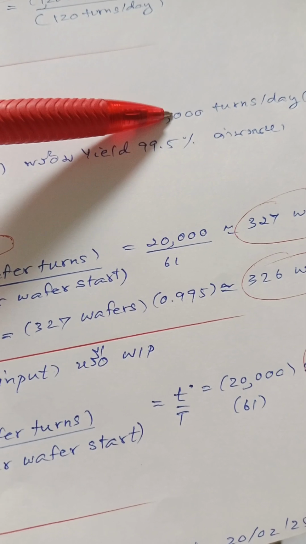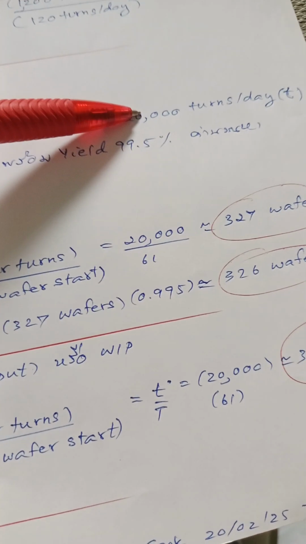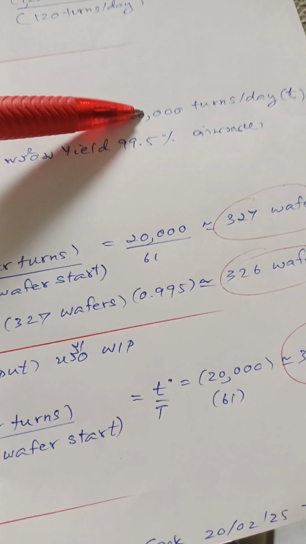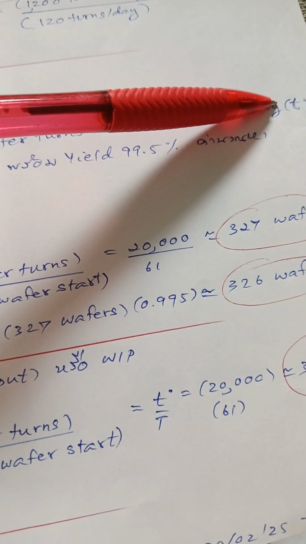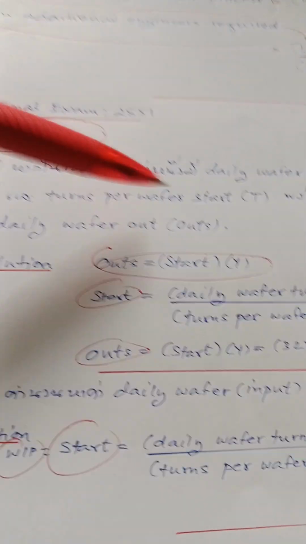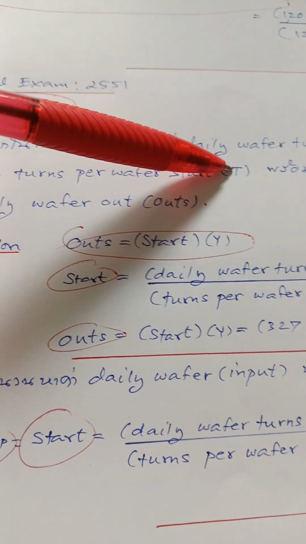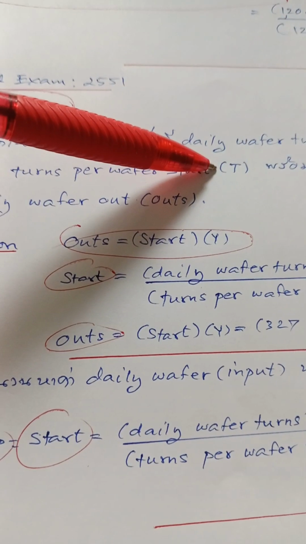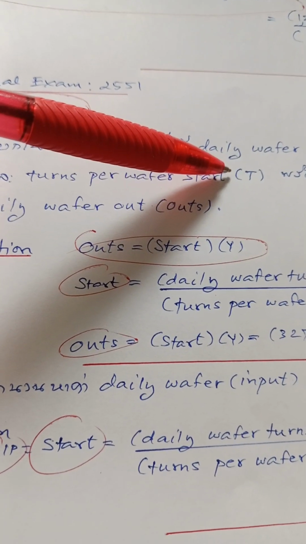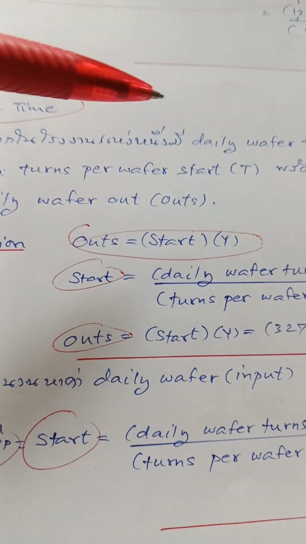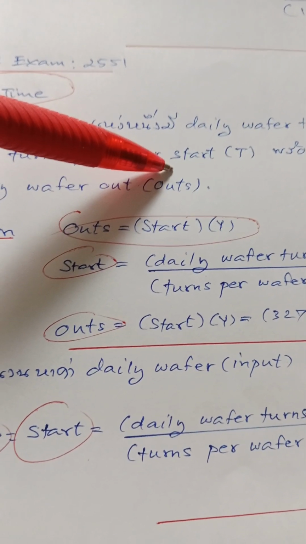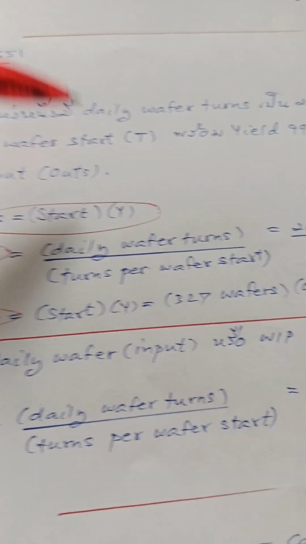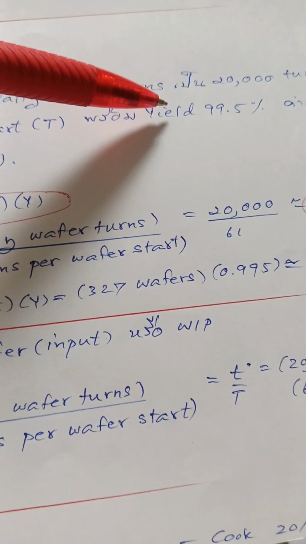They can do 20k moves per day, or 20k turn steps per day. That's the actuator, the lowercase t, if you still remember. And turns per wafer start, that's uppercase T. This means you are required to run T processes per wafer to complete all the processes until you get the final product.